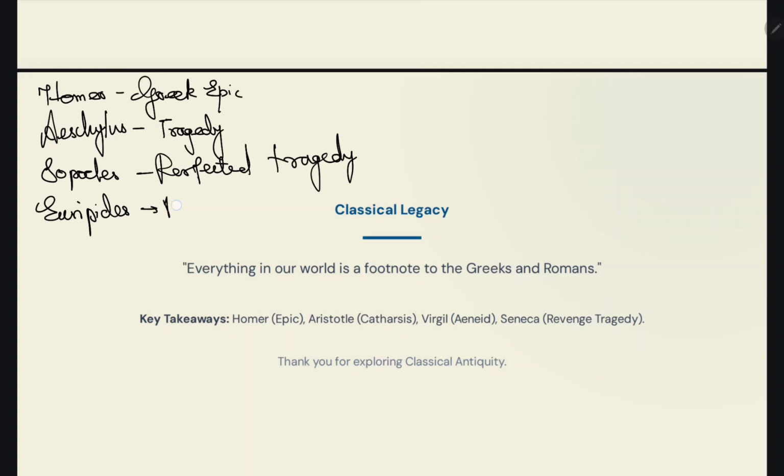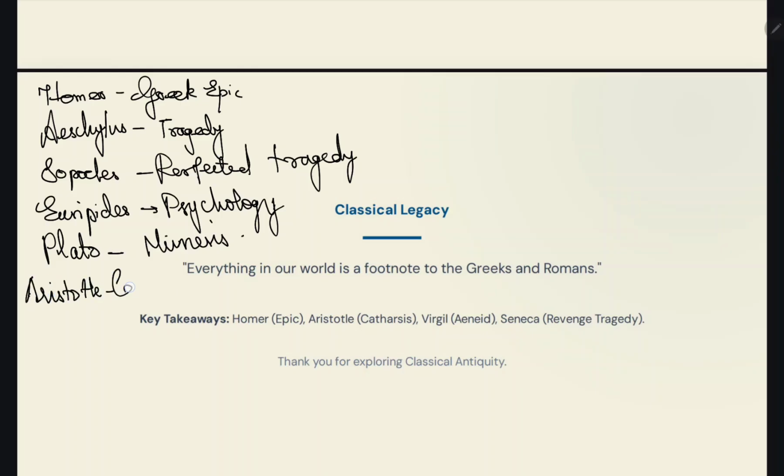Euripides wrote about psychology. Plato talked about mimesis. Aristotle talked about catharsis.